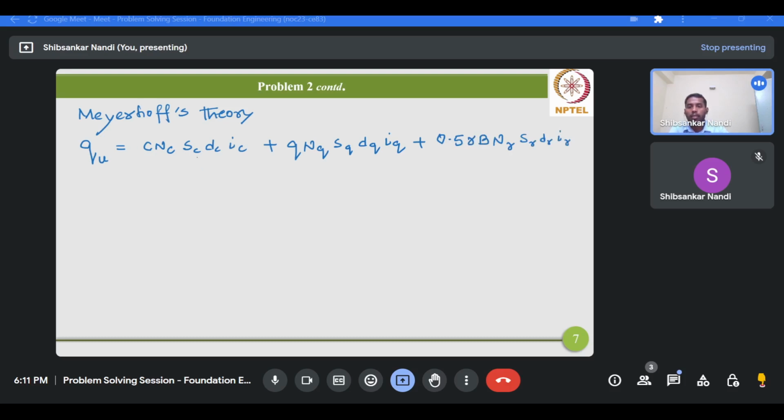Now what are these additional terms? As we know, c is the cohesion, q is the surcharge at the foundation level, and Nc, Nq, N gamma are the bearing capacity factors. Then sc, sq, s gamma are the shape factors.